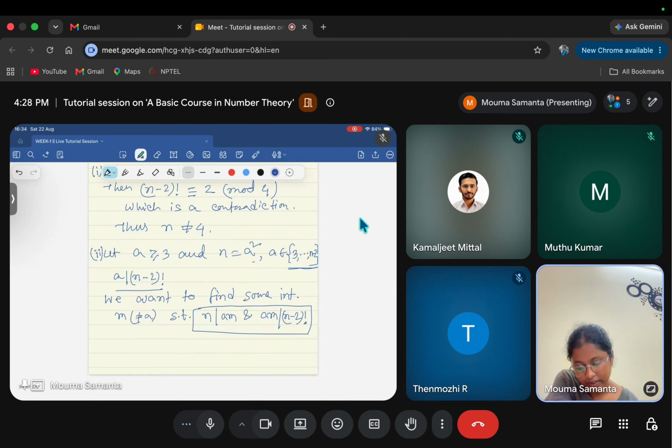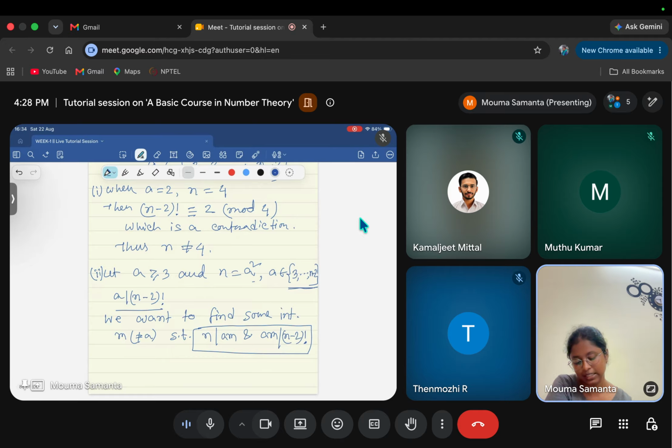And if we can find some term, let's check this particular element, 2a. Can you show that 2a belongs to, obviously a not equal to 2a, and 2a belongs to 3 up to n minus 2 in this set?